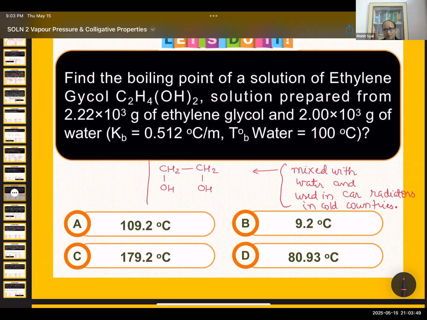That is in cold countries, salt, you must have seen, salt is sprinkled. Calcium chloride is sprinkled on roads.